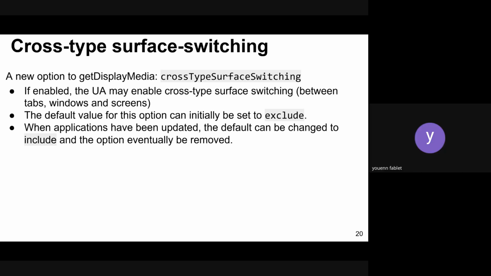I'll pause. Yeah, I would look at what OS APIs are doing. For instance, on macOS, it's really the OS that is controlling the picker UI, so that you can switch. It's not in the hands of the user agent. I didn't have time to look at whether the user agent could use an option to switch this UI off or on.